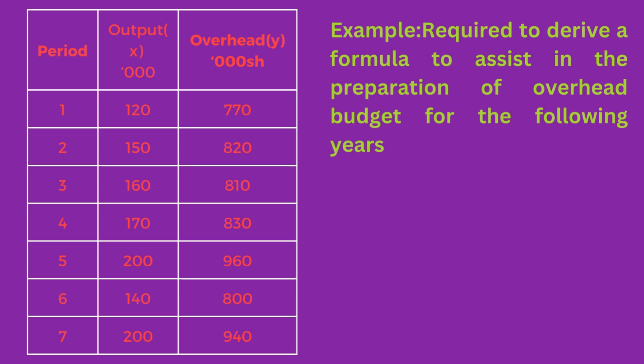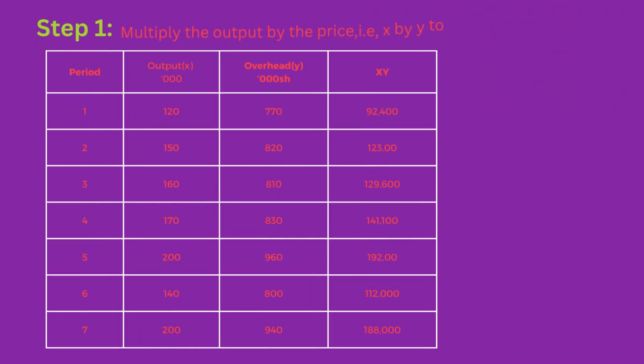We also have the output, which is x, in thousands, and overhead y, which is also in thousand shillings. In this example, we are required to derive a formula to assist in preparation of the overhead budget for the following years, which is year 1 to 7.